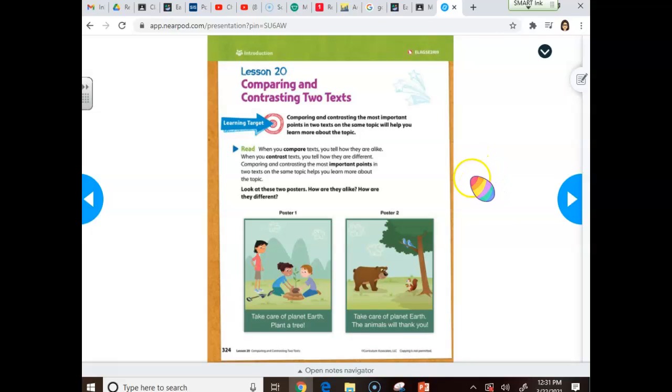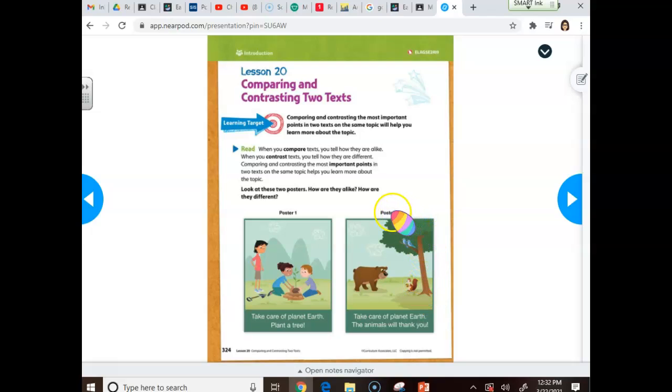All right, so how are these posters alike? Both posters are about taking care of what? The earth. They're both ways you can take care of the earth. Planting trees and taking care of the animals are ways of taking care of our earth.